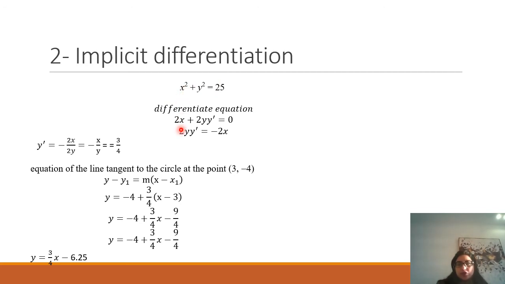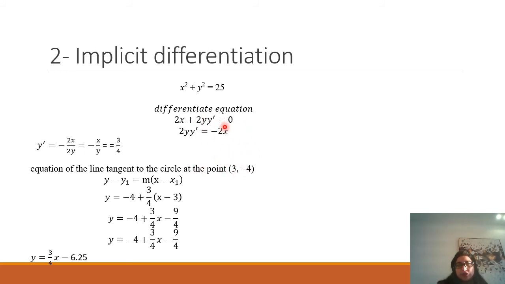So x squared will be 2x, y squared will be 2y, don't forget the y dash, 25 will be 0. Then I get the y dash on one side and the rest of the equation on the right. So 2y y dash will be equal to negative 2x, and then y dash equals minus 2x over 2y. Take the 2 out, it's going to be minus x over y.